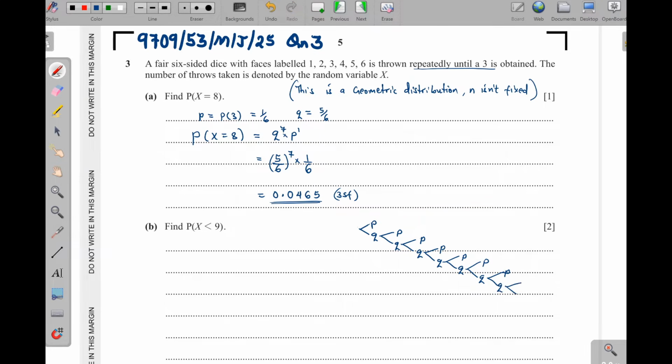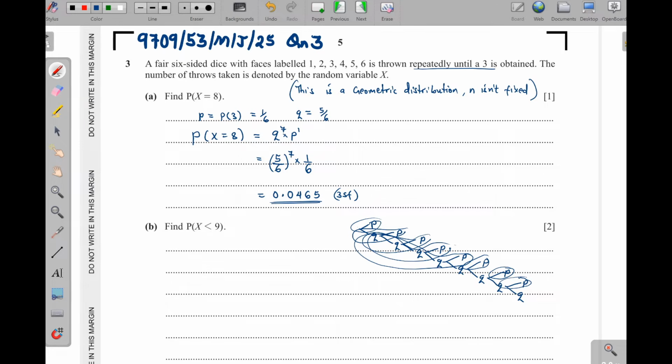So for this one less than 9, we can take P, then QP, Q squared P, Q cubed P, Q power 4 P, Q power 5 P, Q power 6 P, Q power 7 P. You see that?